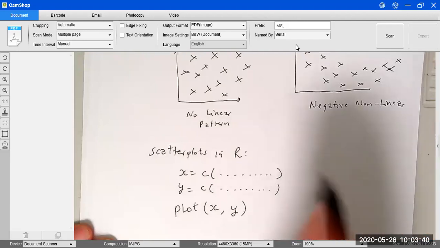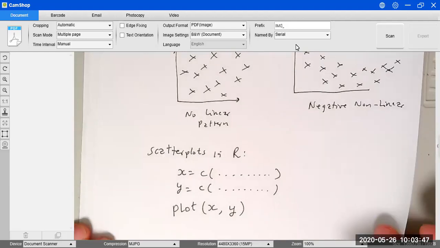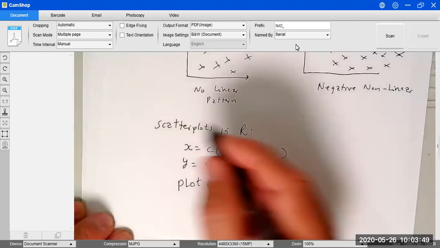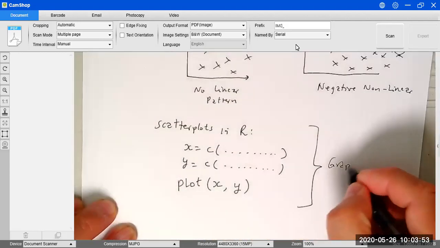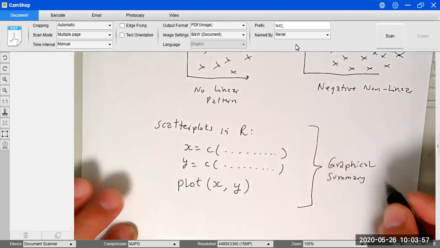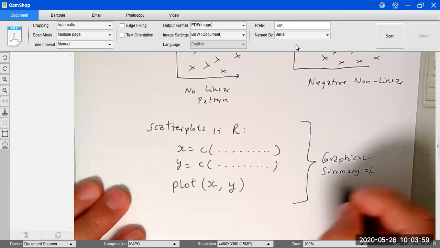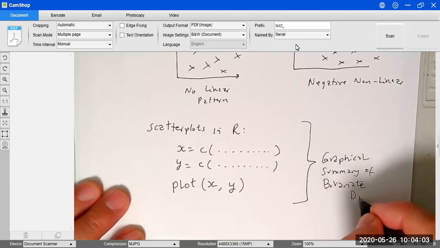This is what we do when we are trying to get a graphical summary. So this is going to be our graphical summary of bivariate data.